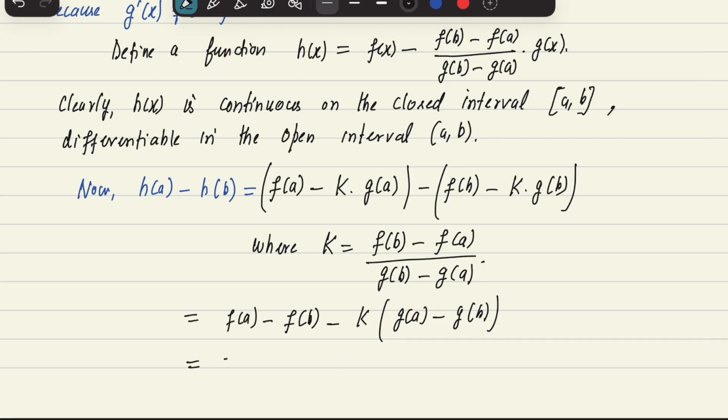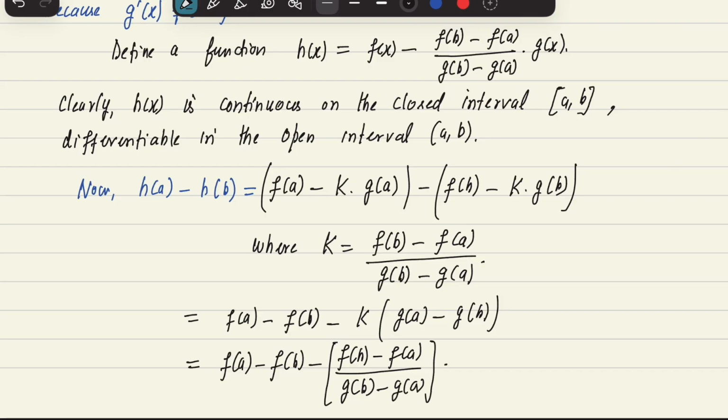So this is equal to f of a minus f of b minus, now the value for k is f of b minus f of a divided by g of b minus g of a. Now this is multiplied by g of a minus g of b.